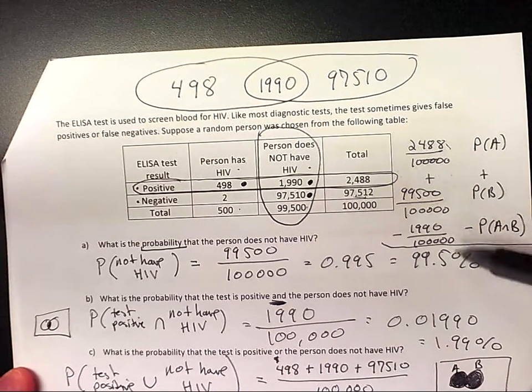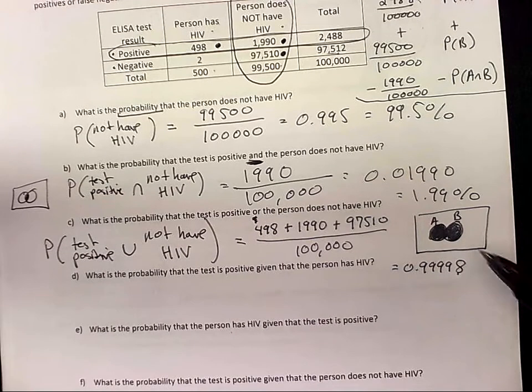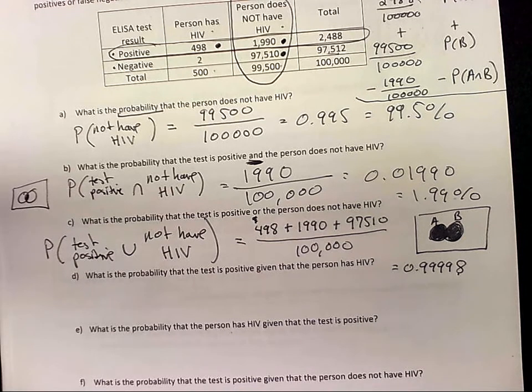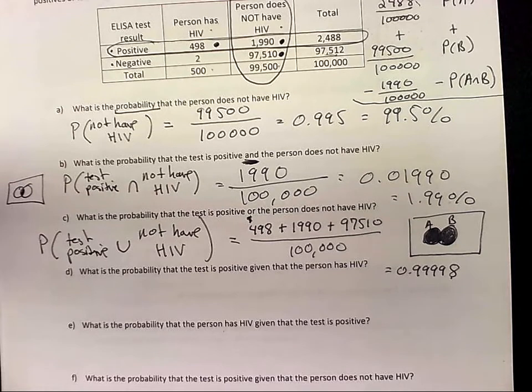And I guarantee you, if you do this arithmetic right here, you're going to get the same number, 0.99998. All right, how do you guys feel about those two methods coming up with 0.99998?